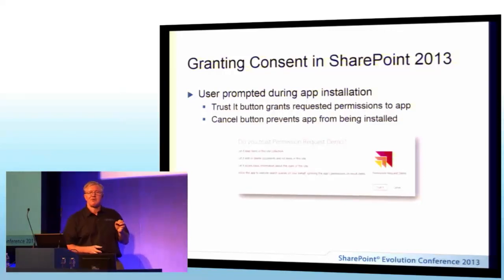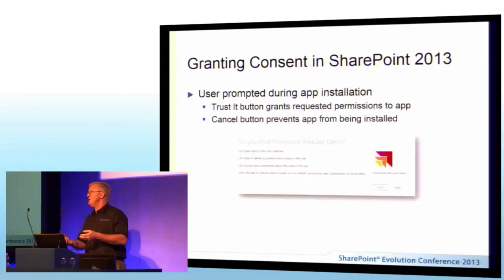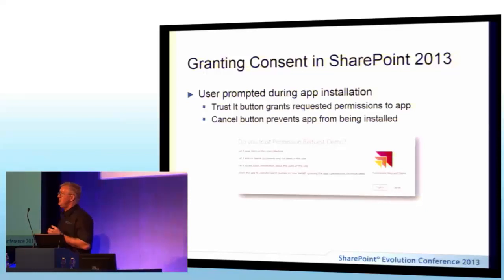So apps never have to worry about, I got installed, but I only got a couple of the permissions I requested. If the user says, I don't trust the app, it just short circuits the installation process. So once you get installed, you basically know that all the permissions that you requested have been granted, and you could make calls.